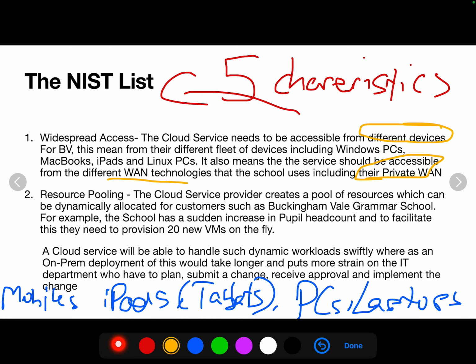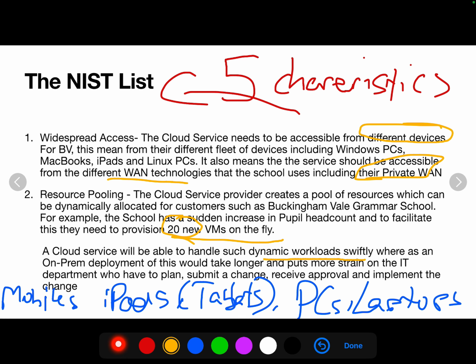Okay, and cloud service has the ability to handle dynamic workloads very swiftly, and more swiftly than an on-prem deployment would be. So, for example, Buckingham Vale has a sudden increase in pupil headcount. They have 20 new students, and they need to facilitate 20 new virtual machines on the fly. Cloud service will be able to handle such workload.